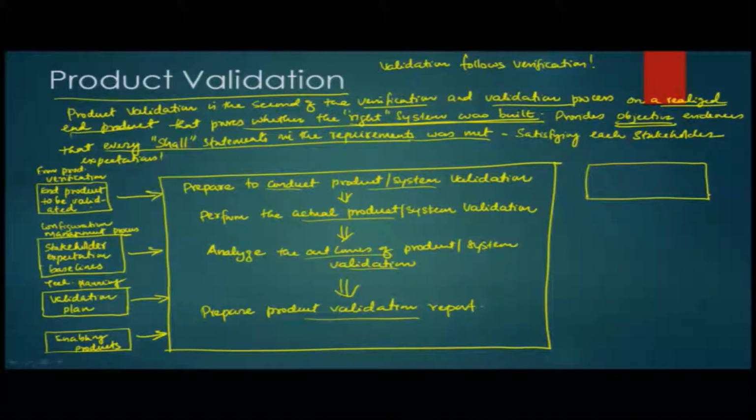Okay. The first outcome is a validated end product. So, the validated end product is the first part, which is also called the product, this goes into the product transition process.